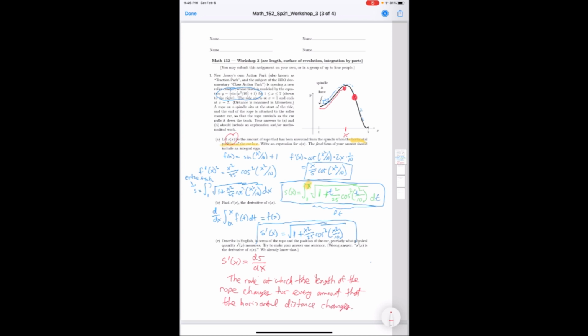And that makes sense because S is the length of the rope, x is the horizontal position of the car, and we know that the d operator before any variable should be read as change in. So this is the change in the length of the rope per change in the horizontal position of the car. That's the correct interpretation of this derivative.